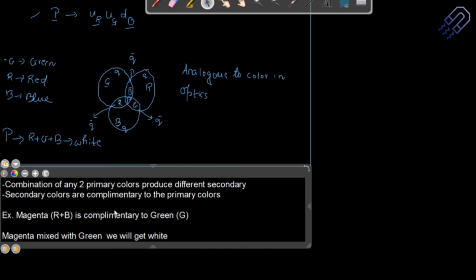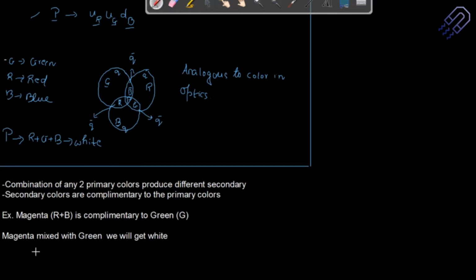That is why this is complementary. In general, R plus B plus green is equal to the white color. White in general we have denoted as P, so let me not change the notation, I'll just denote it as P. But red plus blue, combining with green to give you white, can be written as G bar.